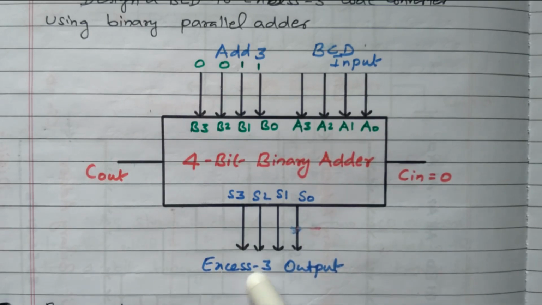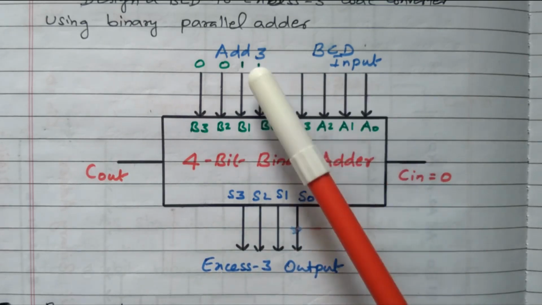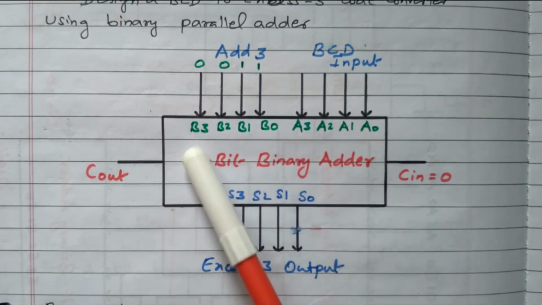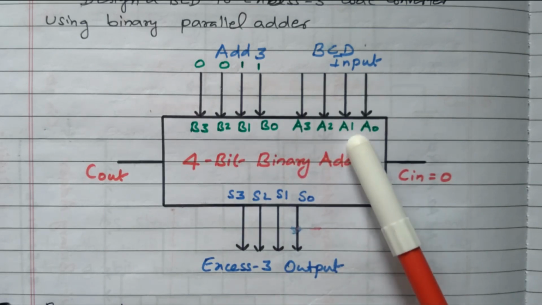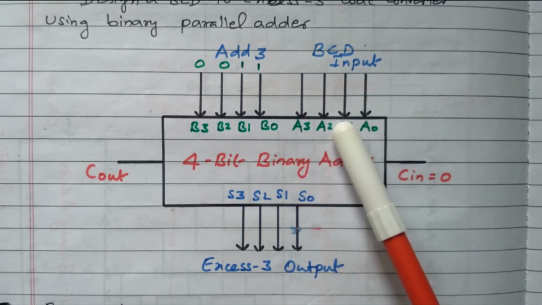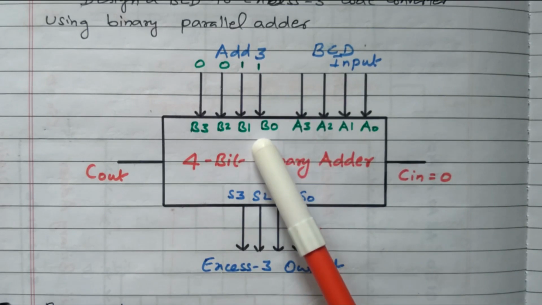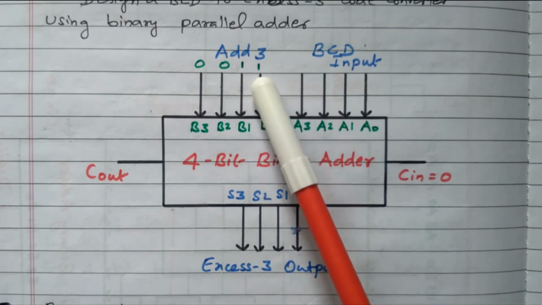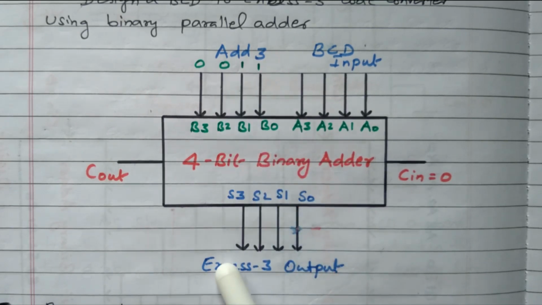Right. So I will explain again. While converting BCD to XS3, we need to add number 3. So by using this binary adder, one input is given as BCD input, another input is given as 3. So the given BCD number added with 3, so that it will convert it into XS3 output.